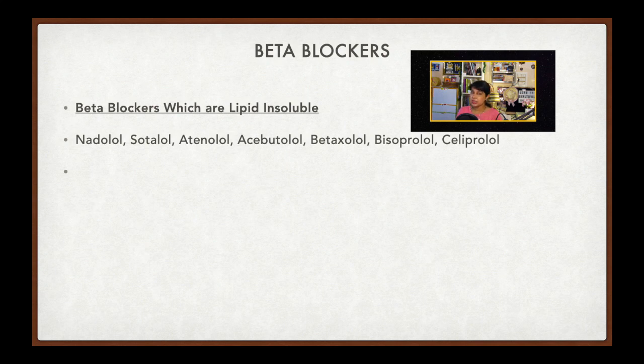Apart from these drugs, the other beta blockers are metabolized and excreted by the liver, and they are short acting. And what is the shortest acting? Esmolol. Now, one important point: acebutolol has all the activities. It is cardioselective, it has intrinsic sympathomimetic activity, it has membrane stabilizing activity, and it is lipid insoluble also. So this is a characteristic feature of acebutolol.